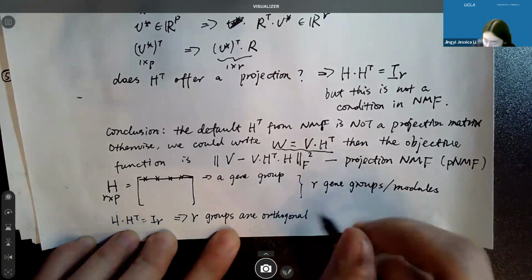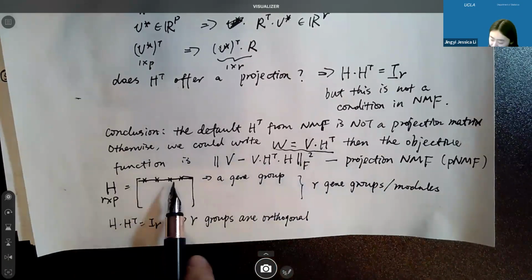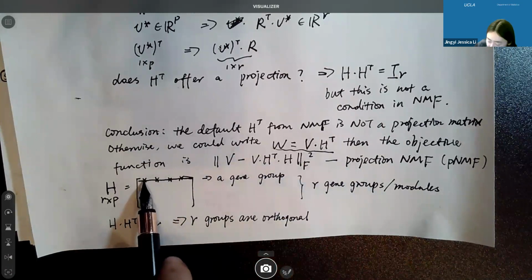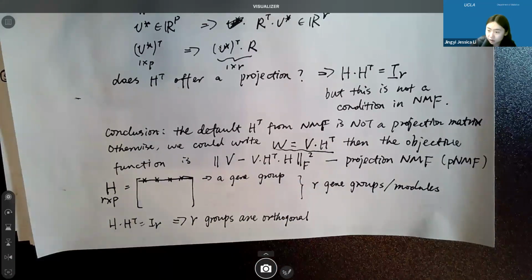Since the loading matrix values are non-negative, you don't have cancellation. Therefore, if a gene has a positive loading here, the gene is unlikely to have a positive loading in another row. Otherwise, if you do the inner product of the two rows, you are not going to have zero.